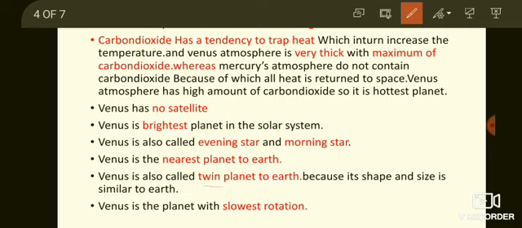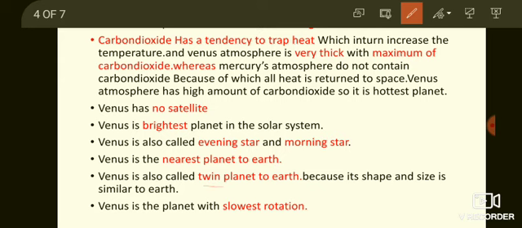Because of its size and shape. The size of the Earth and Venus is quite similar, not exactly similar but quite similar, and Venus looks exactly like Earth because of its similar shape. That's why it is called the twin planet to Earth.